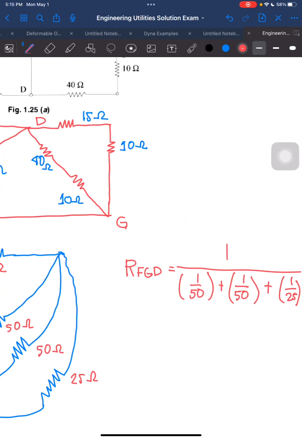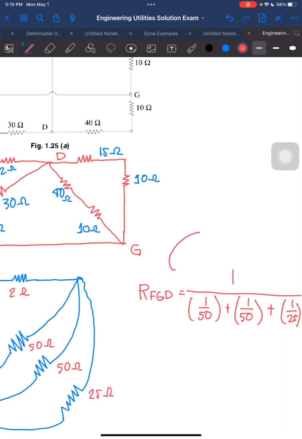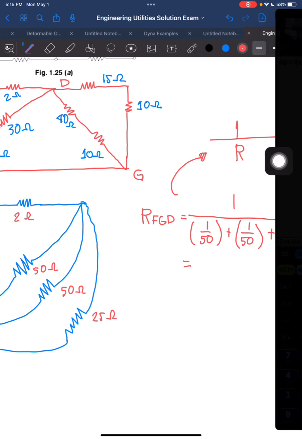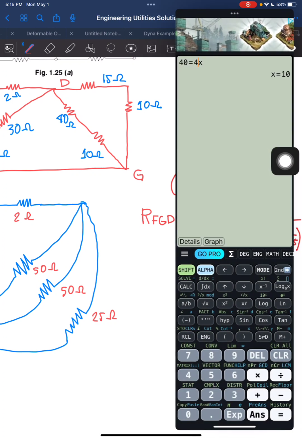By the way, kung saan nanggaling yan, ito yan. Ang resistance ng parallel ay 1 over R. So, kapag kinalkula natin, 1 divided by the sum of 1 divided by 50 plus 1 divided by 50 plus 1 divided by 25.